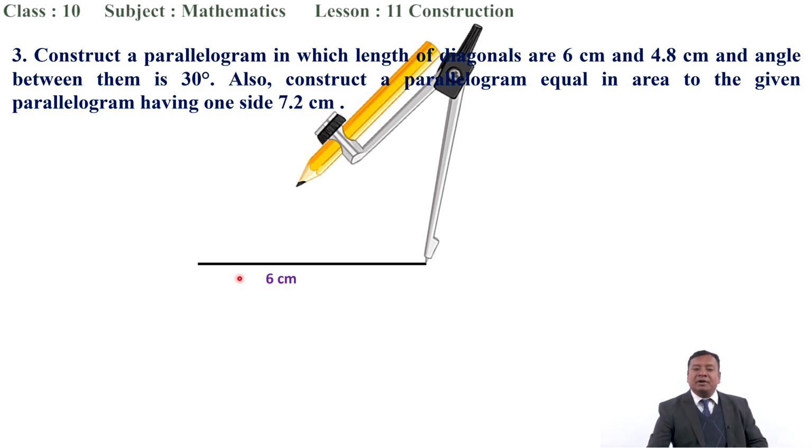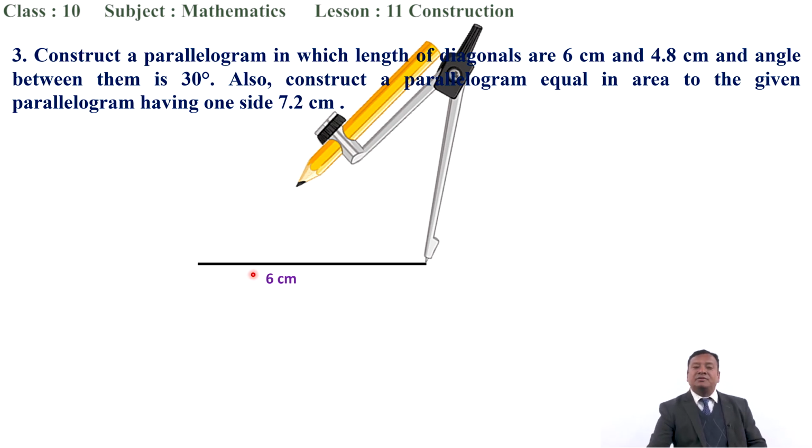For the middle point, you can use the ruler also, that is, 3 centimeter from the left or right, and you get the middle point. But how to get it with a compass? You can see here.